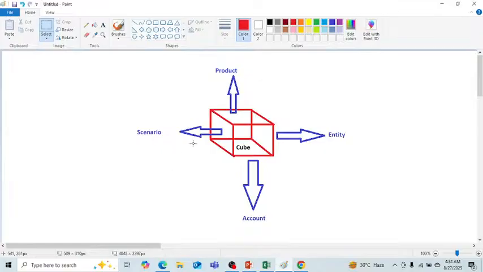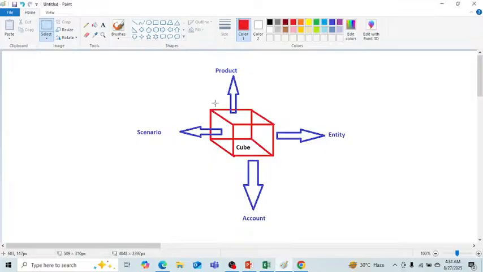So think of it as a label of your business data. Examples include account. Here you can see I have taken the dimension account. Also I have taken the dimensions entity, scenario, and product. The account dimension describes what your data represents. Is it revenue, an expense, or something else?